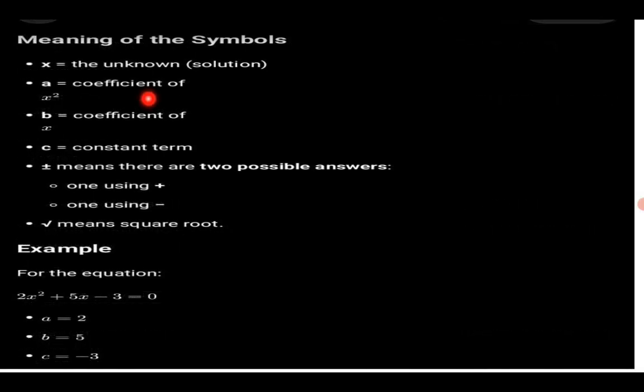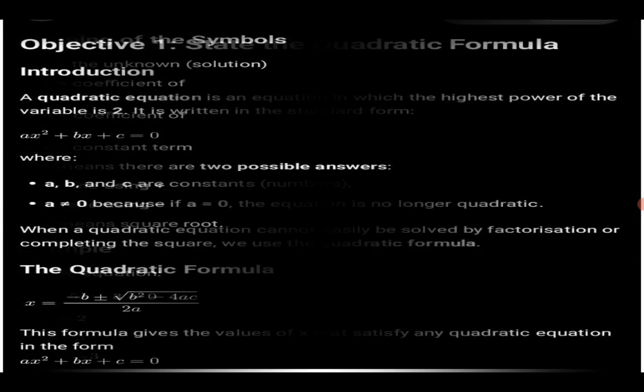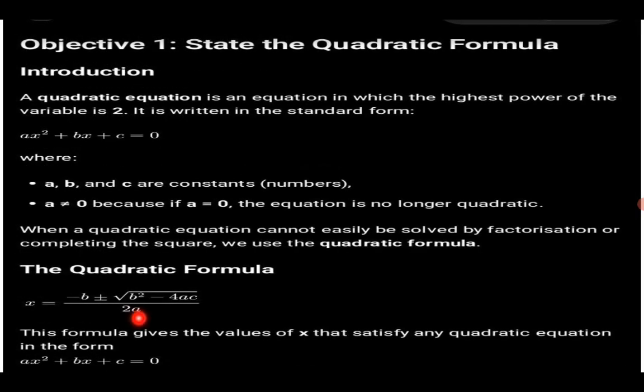So what are the meanings of the symbols which we have in the equation? We are looking at this equation here: a, b, c, x. What do they stand for?